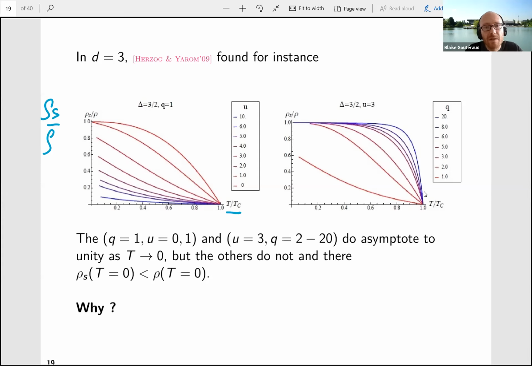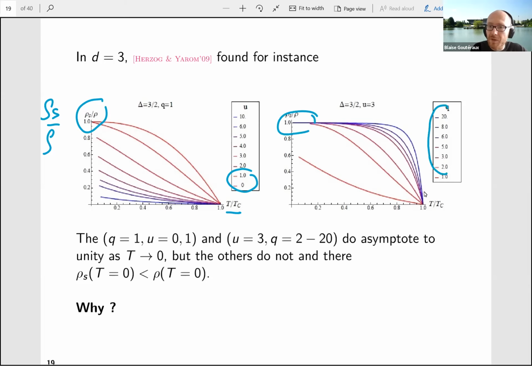And what they find is that there are some values of the parameters, so these two, where the superfluid fraction, rho s over rho, nicely goes to unity as T goes to 0. So as we would expect, using this effective description of the system at 0 temperature as a free gas of phonons. And the same here.